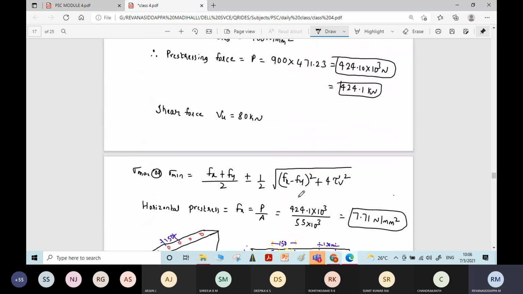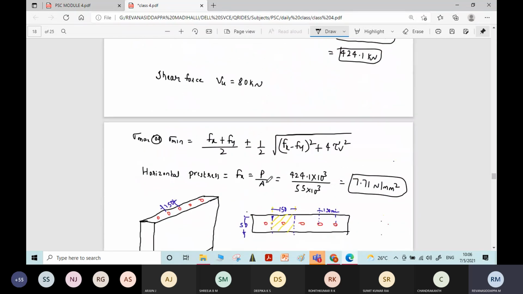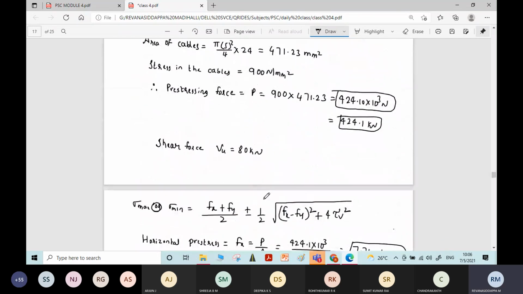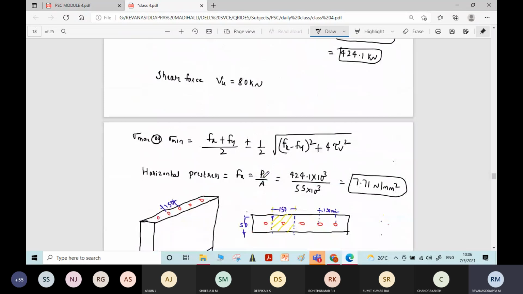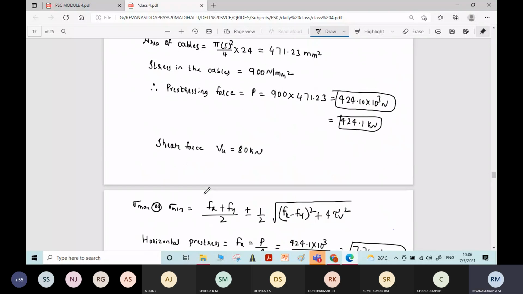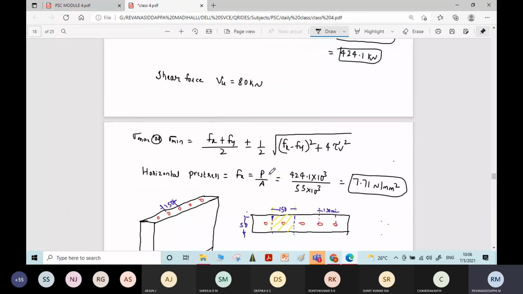So while calculating Fx we considered the pre-stressing force in all the bars divided by the area, sorry, the total pre-stressing force over the full area of cross section. Because this pre-stressing force is calculated based on the total area of bars. But that is the difference.